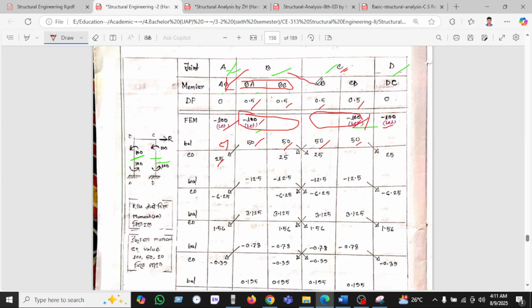For B to C, 50 divided by 2 is 25, and for C to D, 50 divided by 2 is 25.